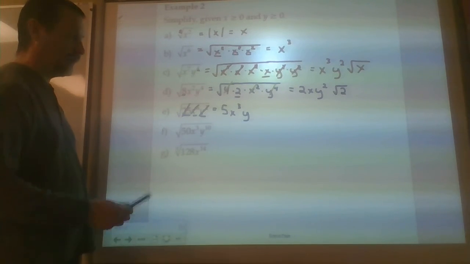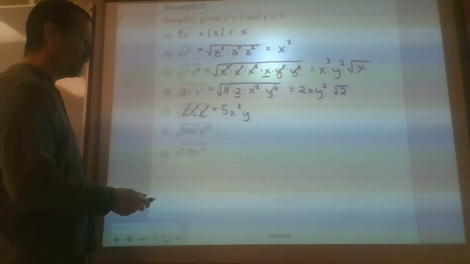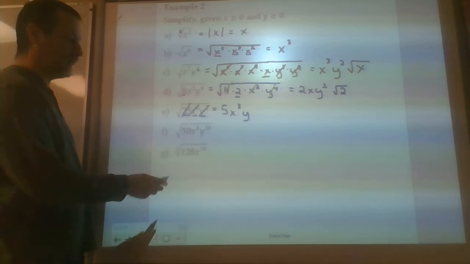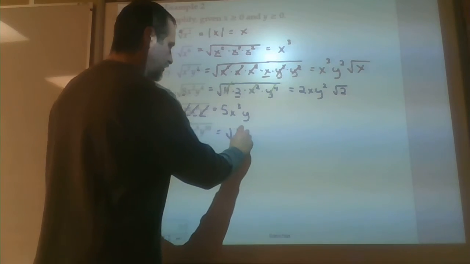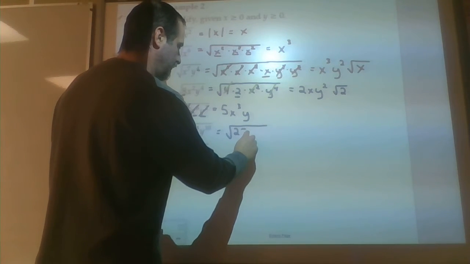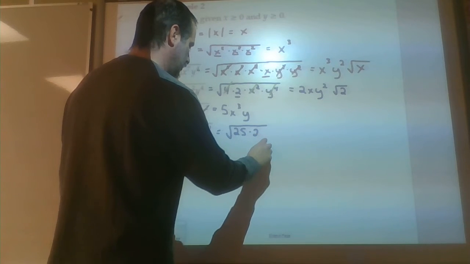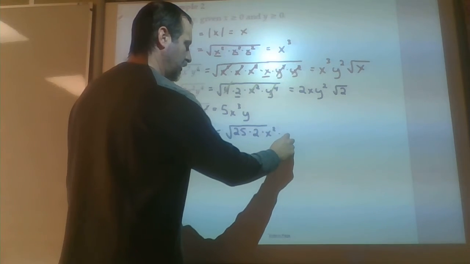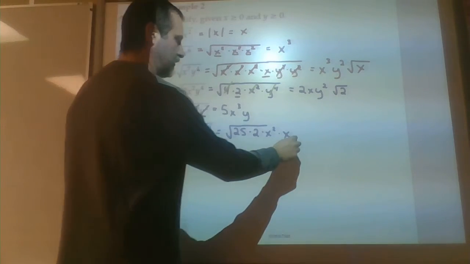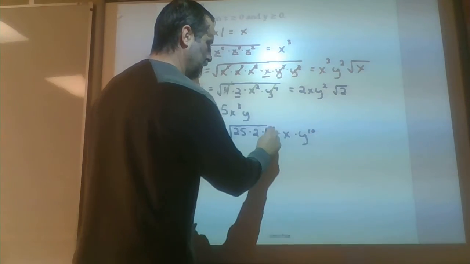50x cubed y to the power of 10. Pardon me. Again, we're looking for that biggest perfect square to simplify the coefficient first. So that's the square root of 25 times 2 times x squared times x times y to the power of 10.